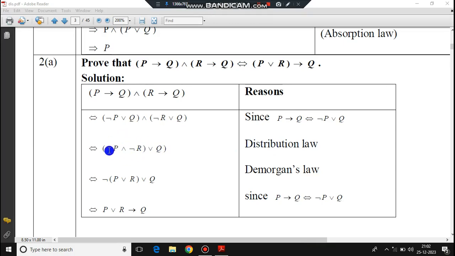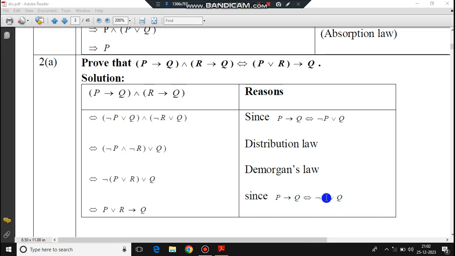We can use here De Morgan's law. So from here, the first bracket will become this first term here by using De Morgan's law. Negation P and negation R is exactly equal to negation of P or R by using De Morgan's law, and the next terms are coming as it is. Or Q comes here. Now look at this negation of P or R or Q. Look at this particular formula from right to left.